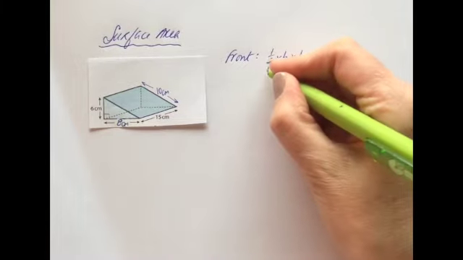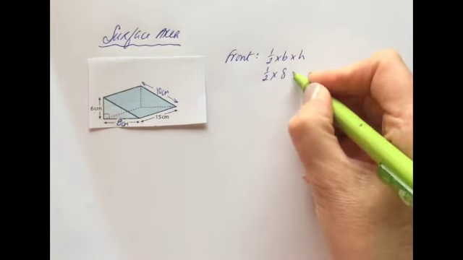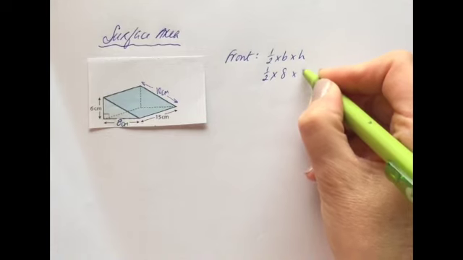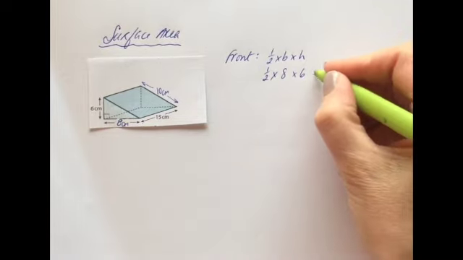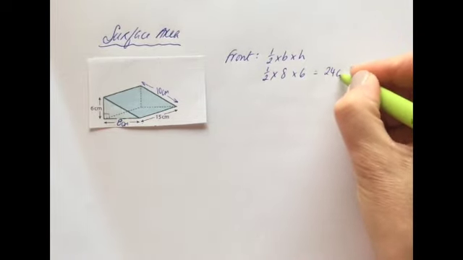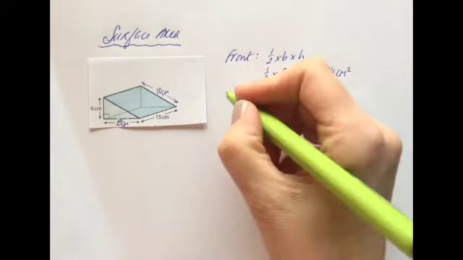So filling that in, we have a half times the base, which is 8, and the height, which is 6. The answer I'm getting for that is 24 centimeters squared.